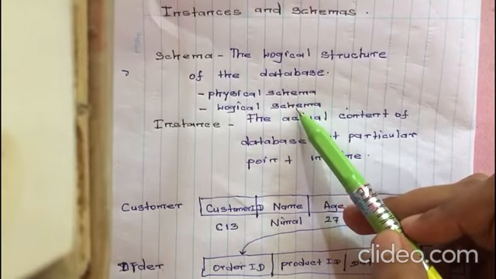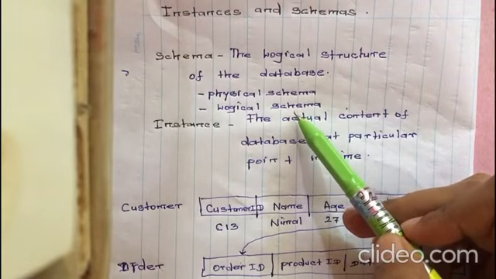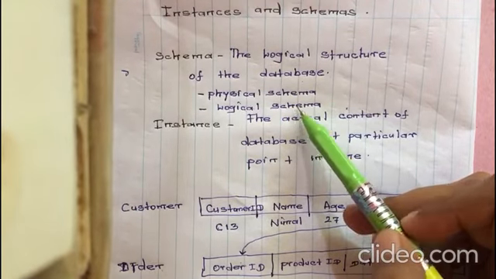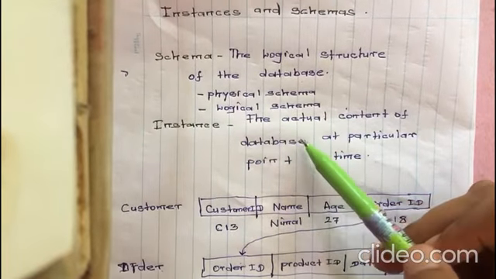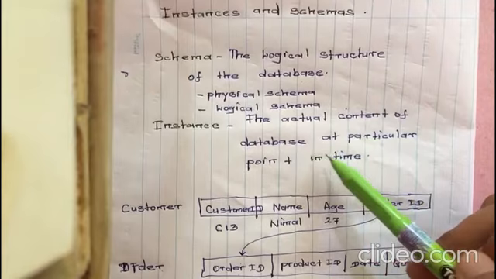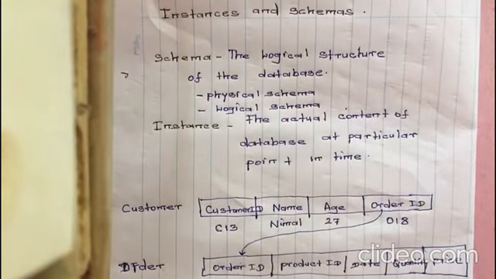Logical schema is the logical structure of the database which includes attributes, entities and other constraints applied on it. Instances: the actual content of the database at a particular point in time. The schema cannot be changed frequently, but the instance can be changed according to time.